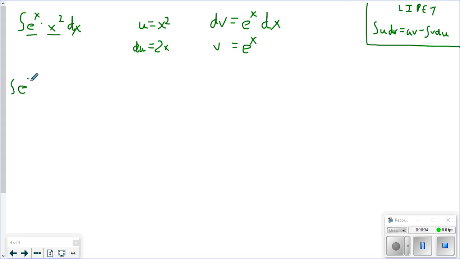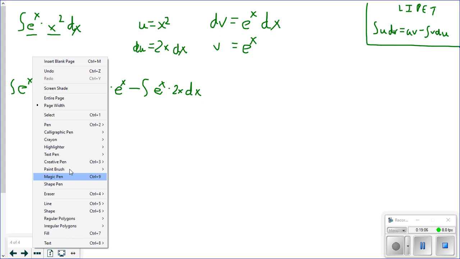We have the integral of e to the x times x squared dx equals u times v, x squared times e to the x, minus the integral of v, e to the x, times du, forgot my dx up there, 2x dx.